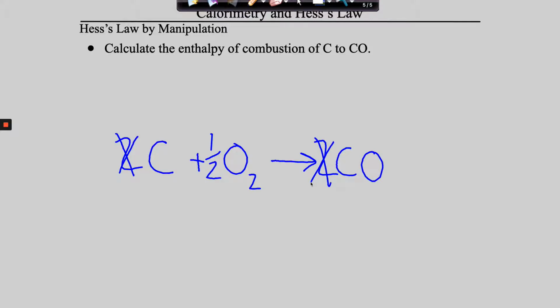So functionally what you're doing is preserving the ratio, but balancing this so that the thing you're studying has a 1 in front of it, because we want to know the amount of energy needed to consume 1 mole of carbon and create 1 mole of carbon monoxide. So you can balance equations with fractions. Yeah, Kylie.